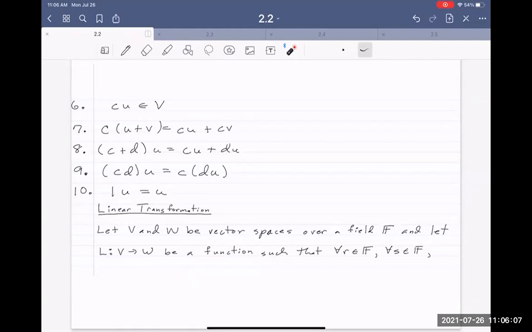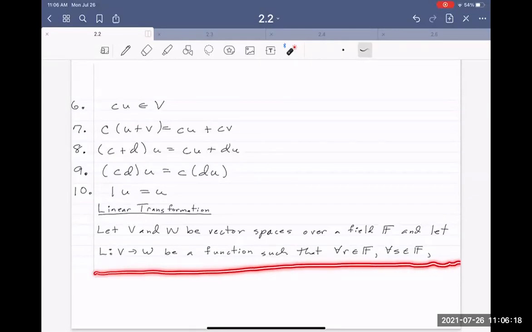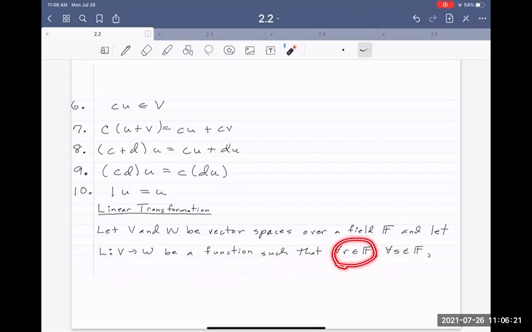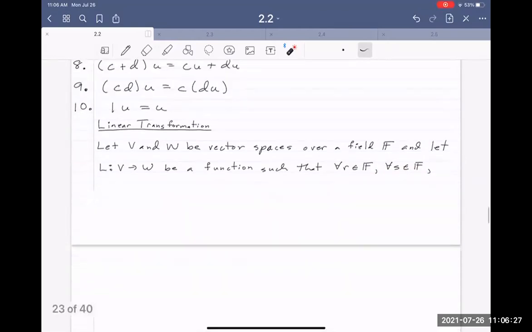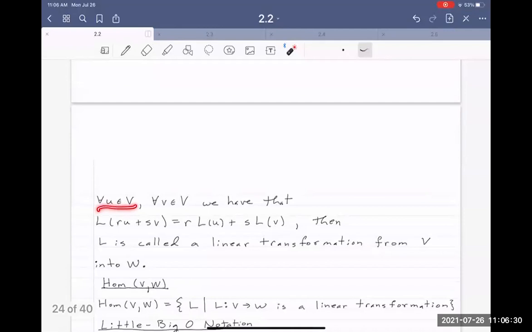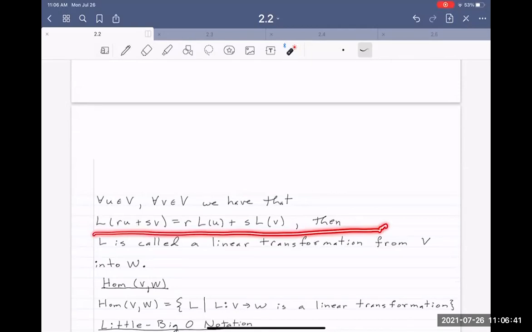So let V and W be vector spaces over field F, and let L map V into W be a function, such that for every number r in your field F, s in your field F, u in your vector space V, v in your vector space V, we have that L at ru plus sv is equal to r L u plus s L v.